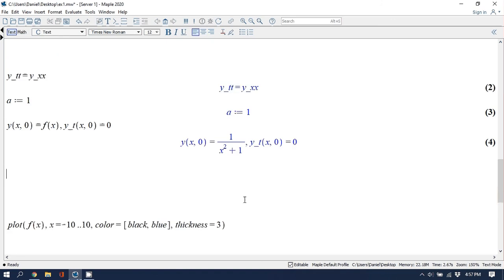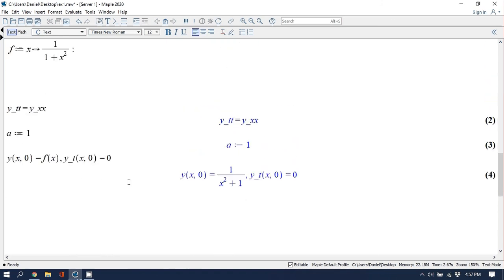And we know from the lecture that in this case the solution would be 1/2 times f of x plus at, which is 1 times t in my case, plus 1/2 times f of x minus t.